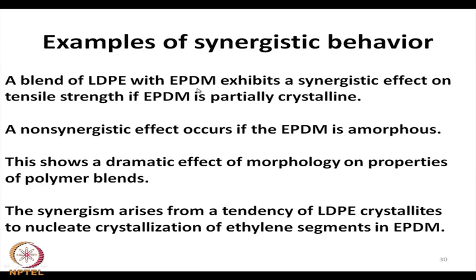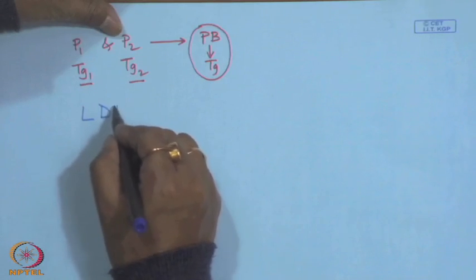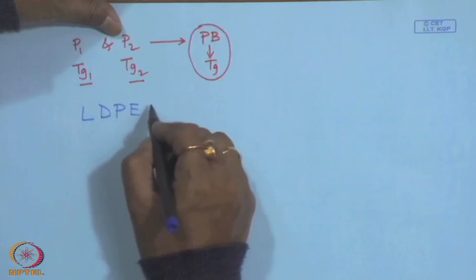Now, typical examples of synergistic behavior in polymer blends, we can discuss with the blend of LDPE, low density polyethylene, with EPDM.